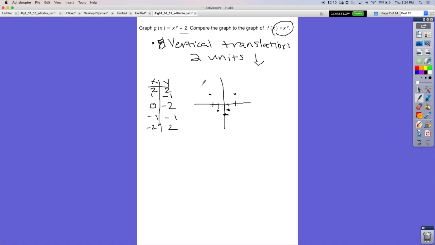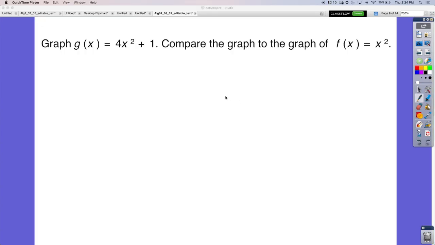As best as I can, I'm going to draw my parabola. Now, if you had graphed the parent function, it looks something like this. So the only thing that changed here was that it moved down 2. It translated 2.